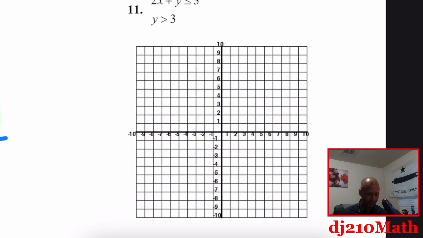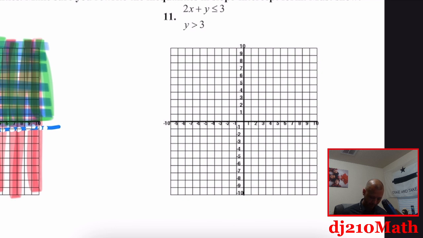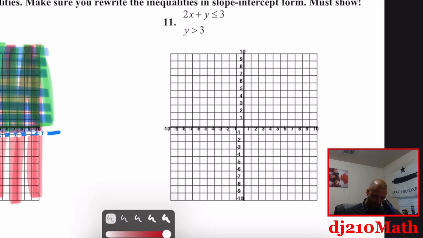Number 11. Okay, 2x plus y less than or equal to 3. I'm going to start by solving for y because the y-intercept and the slope are not obvious at this moment. So minus 2x from both sides.